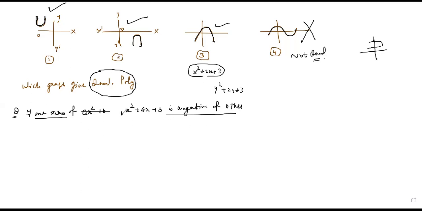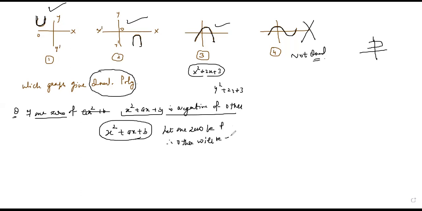Now here we have this quadratic polynomial. Pay attention: this is the given quadratic polynomial and he is saying one zero is negative of the other. So let one zero be p, therefore the other will be minus p. So the sum of zeros is always minus b upon a.